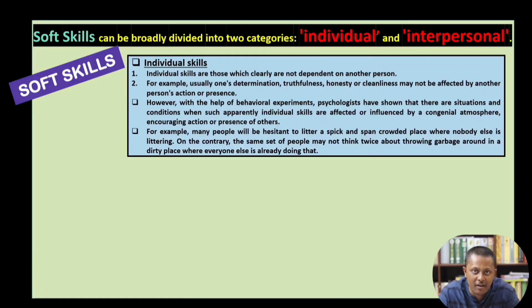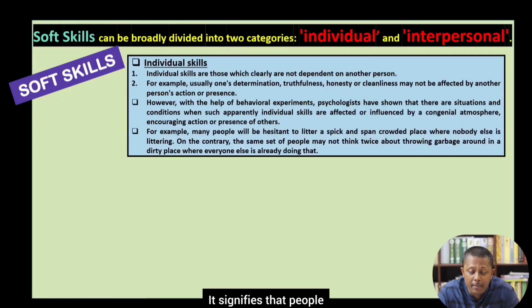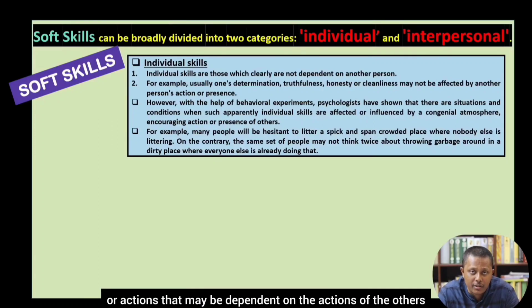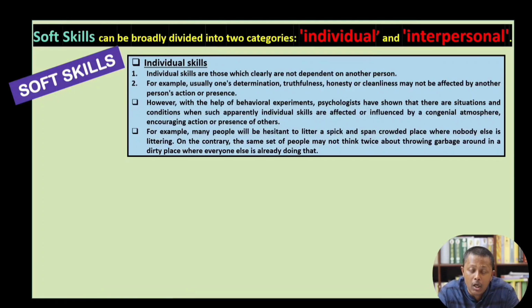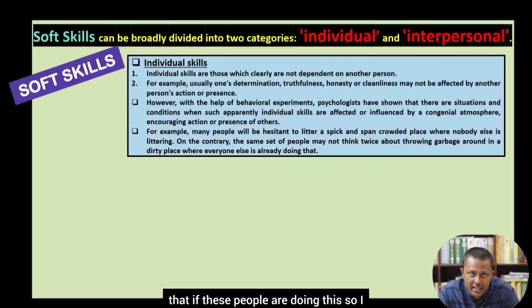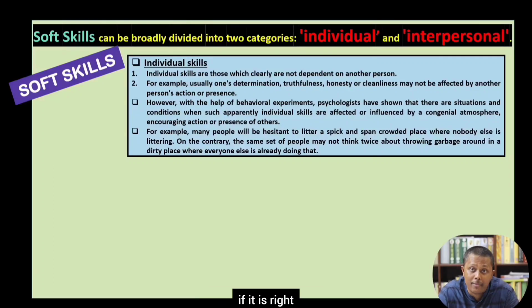What does it signify? It signifies that people usually do things that may be dependent on the actions of others. We assume that if these people are doing this, then I have an obligation to do the same, even if it is wrong or even if it is right.